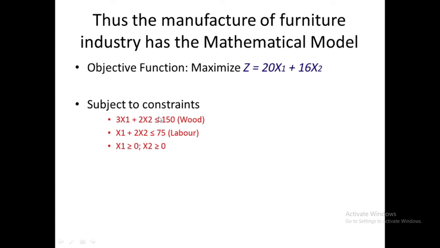Why do I use greater than or equal to? Because I can't produce less than zero tables and chairs; it should be more than zero, so that only then can I get the profit from that industry. This is the mathematical model formulation in industries.